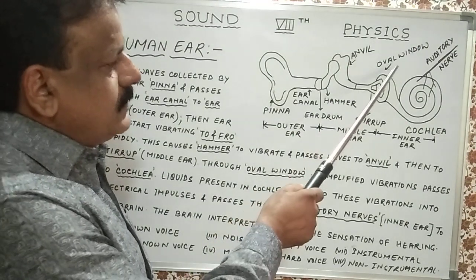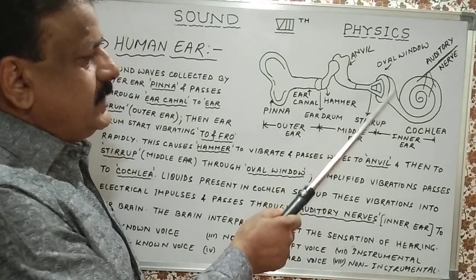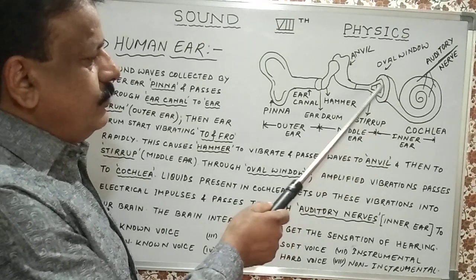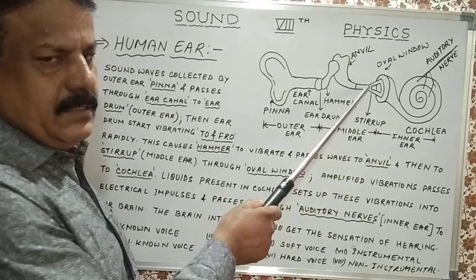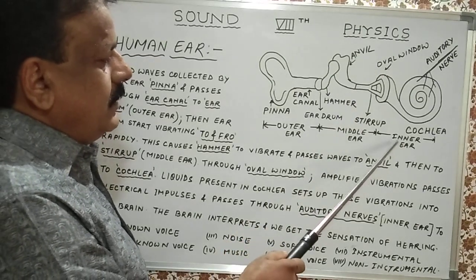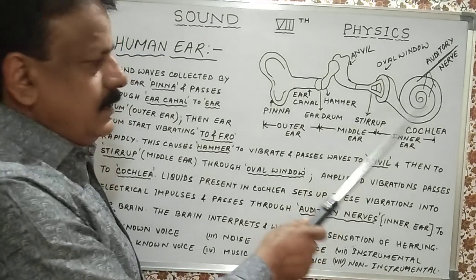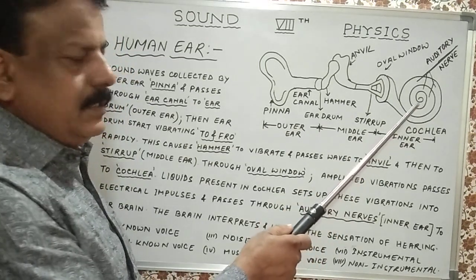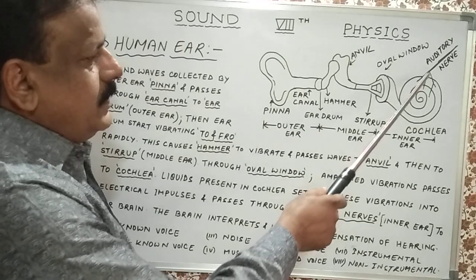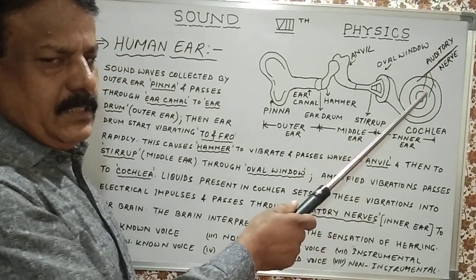After this you can see there is an oval window, which connects the cochlea with the stirrup, and connects the middle ear with the inner ear. And this is the cochlea. It is filled with fluid, liquid, and it is connected with auditory nerves.